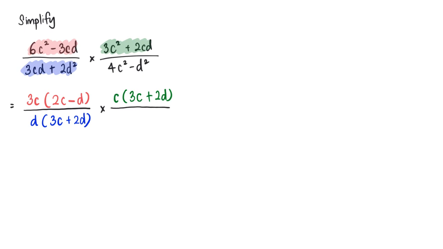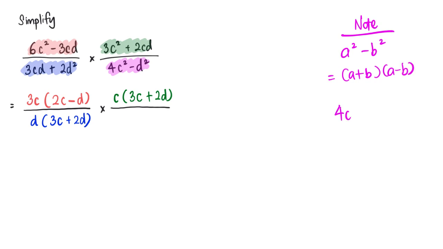And the last one, how do I factorize this? Let's turn our attention to the left side of this screen. Do remember that I'm going to make use of a squared minus b squared equals a plus b times a minus b. So in this case, we have 4c squared minus d squared. I'm going to rewrite it as 4c squared.